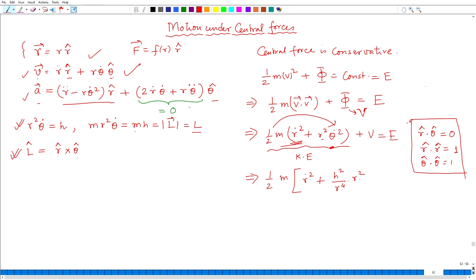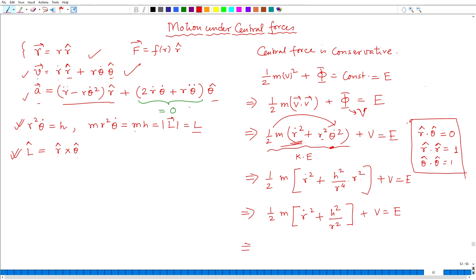So, r square will be here, and this theta dot square is nothing but h square by r to the 4, plus v is equal to E. And then you can write half m r dot square plus h square by r square plus v is equal to E.